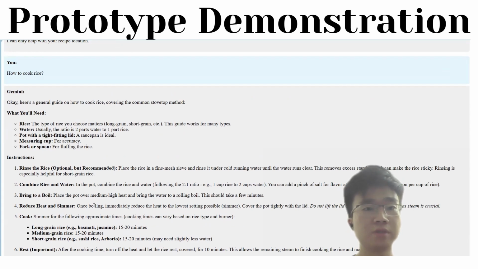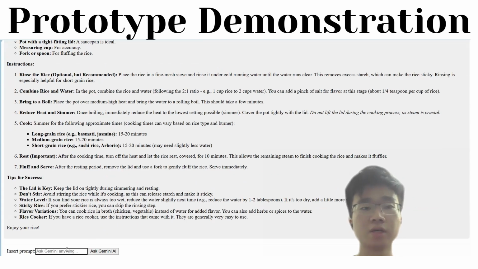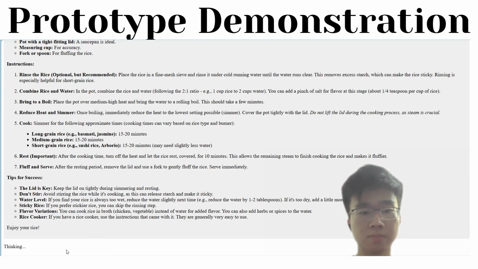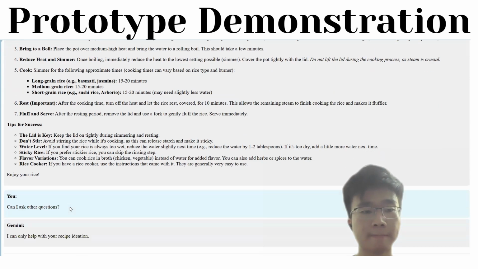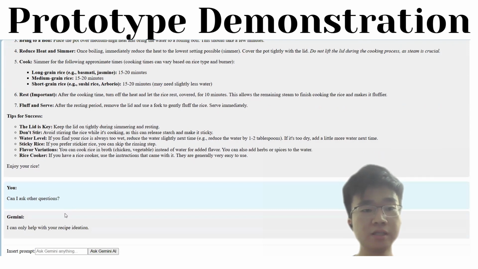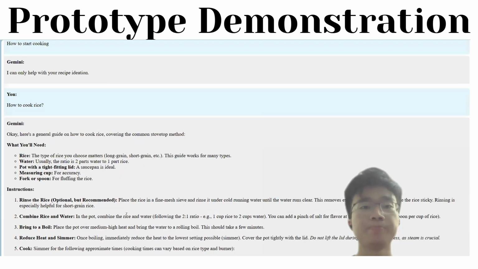And as you can see, it has returned a response. Let me try something else. And as you can see here, we have coded the Gemini AI such that it can only respond to recipe ideation.